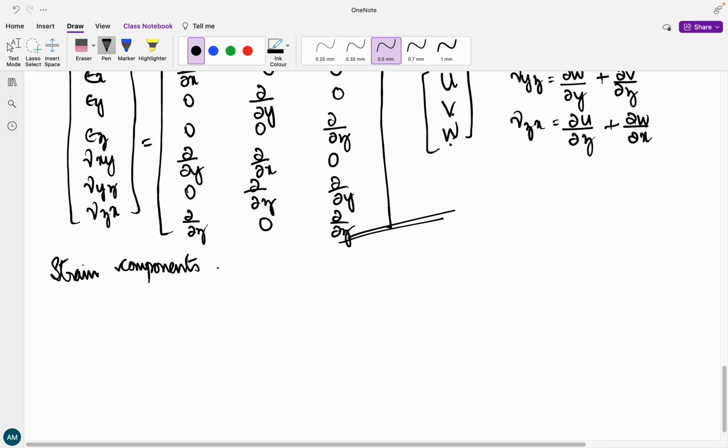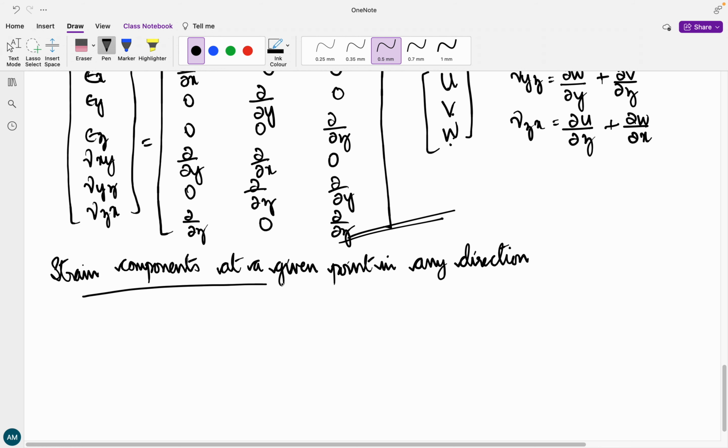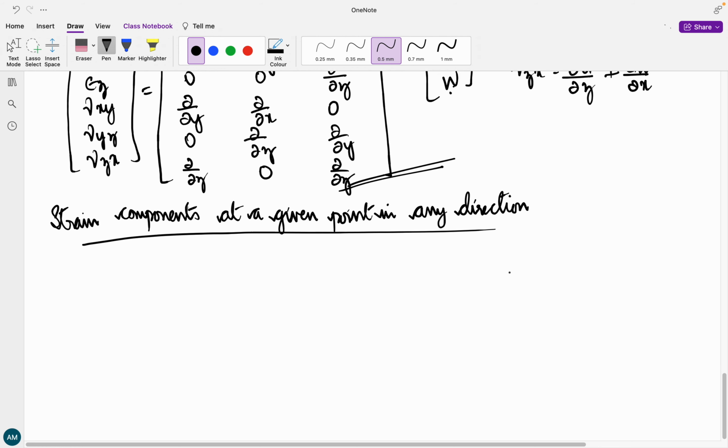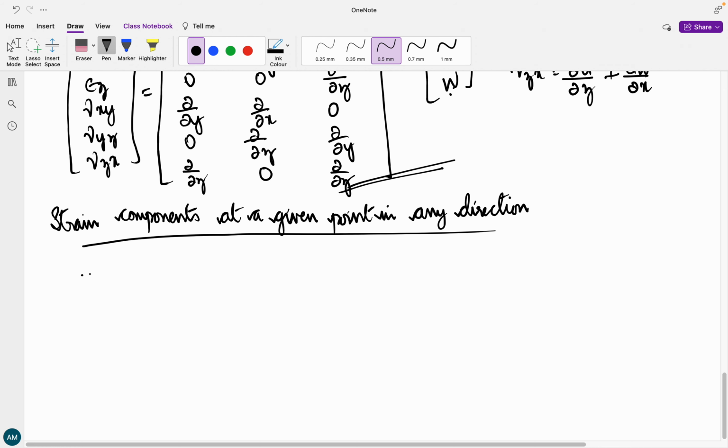Now let us arrive at the formula for strain components at a given point in any direction. Let us consider x, y, origin.